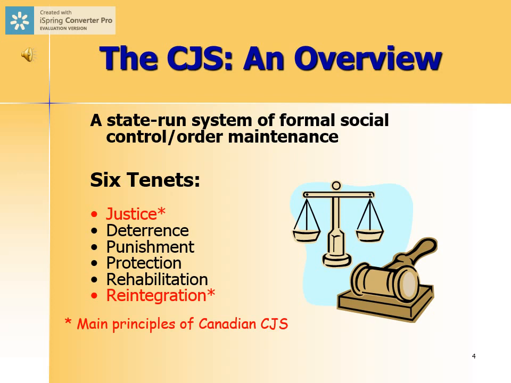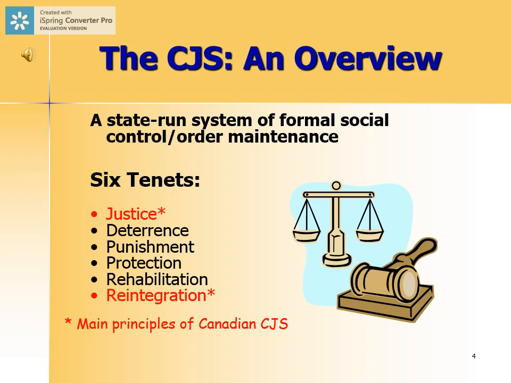So in Canada, it can be argued that historically, or at least since the Second World War, the two most important principles of our criminal justice system are justice and reintegration. Justice because following the enactment of the Charter of Rights and Freedoms in 1983, there's an incredible amount of emphasis on ensuring the rights of defendants are protected. And certainly there's a lot of criticism there.